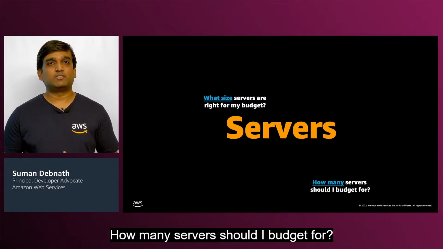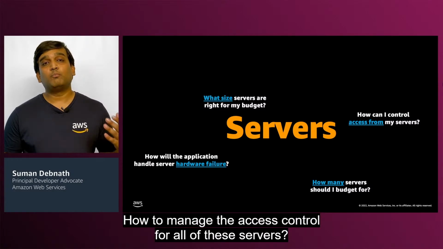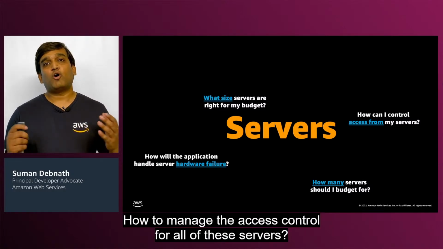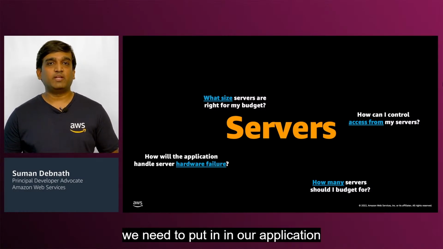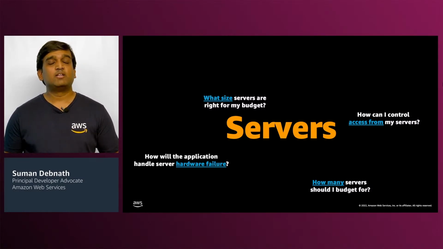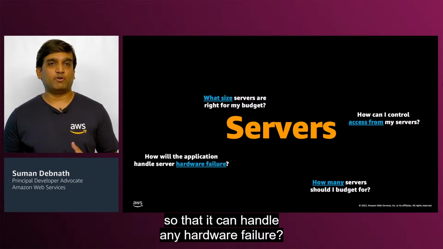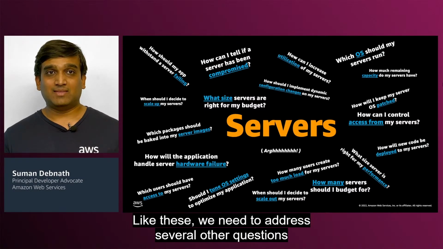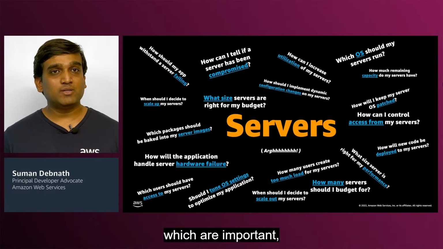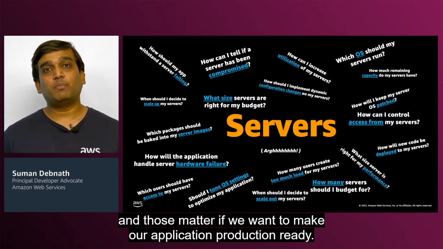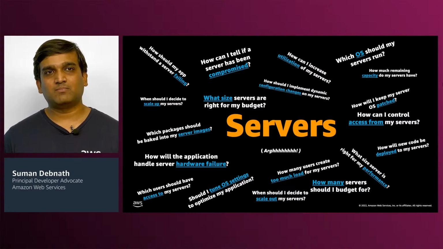How many servers should I budget for? How to manage the access control for all of these servers? And even things like what code change we need to put in our application so that it can handle any hardware failure. Like these, we need to address several other questions which are important and do matter if we want to make our application production ready.